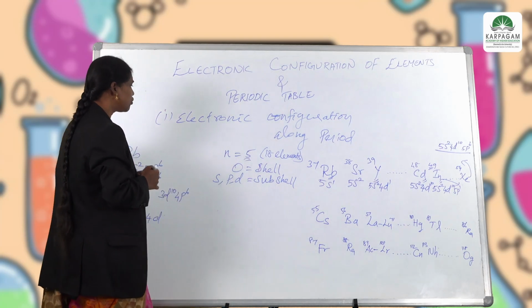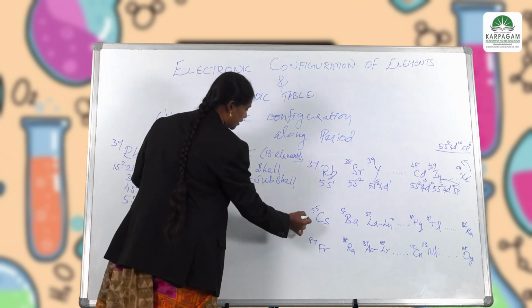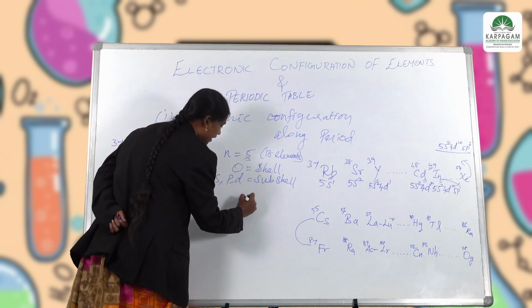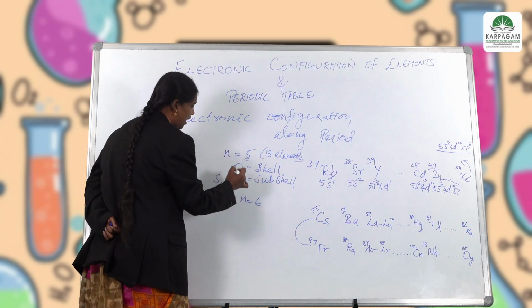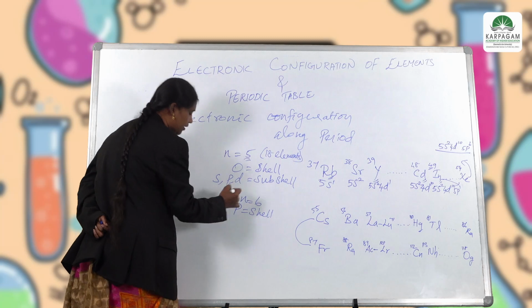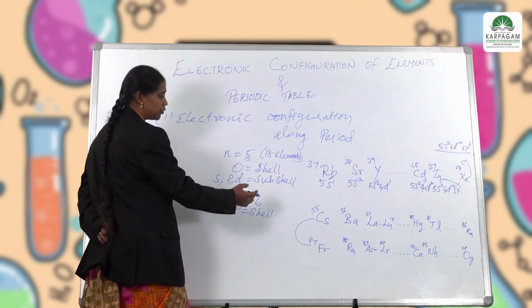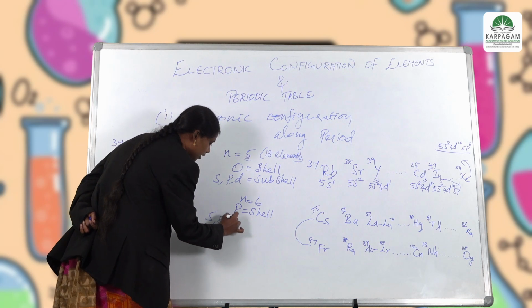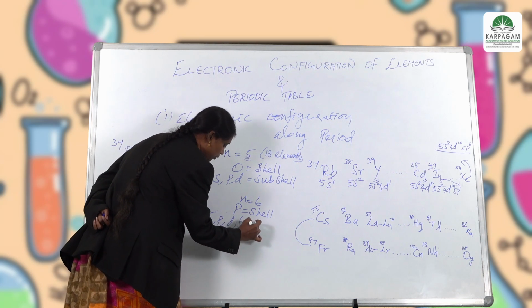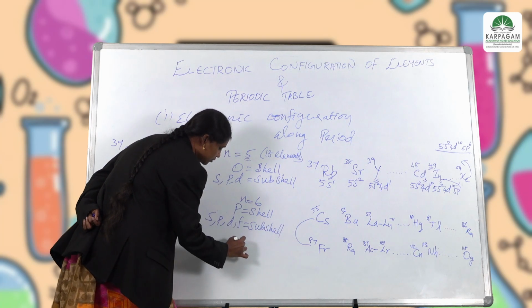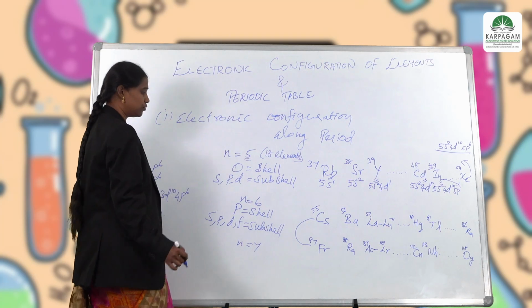So here another two periods are there. That one is n equal to 6, and here the shell is P. And the subshells contributing in this period, the total 4 subshells are contributing for n equal to 6 and n equal to 7.